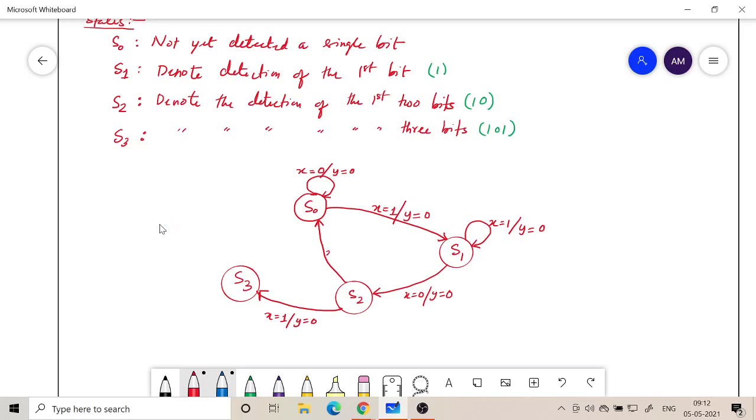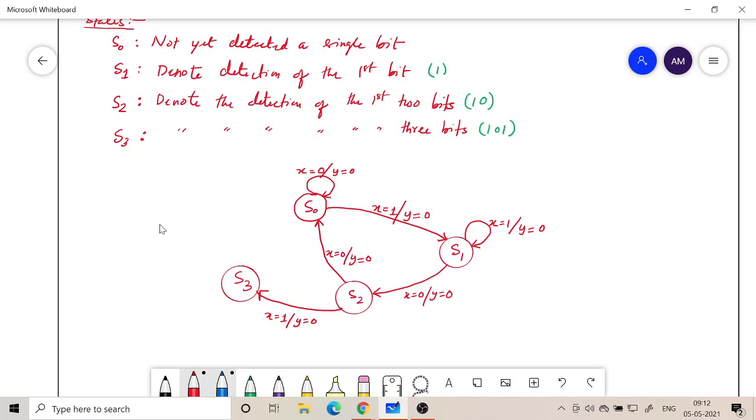So if x is equal to 0, that means 2 consecutive 0s come, and that is nowhere part of my sequence, and therefore I need to start all over again, and y is equal to 0 definitely.